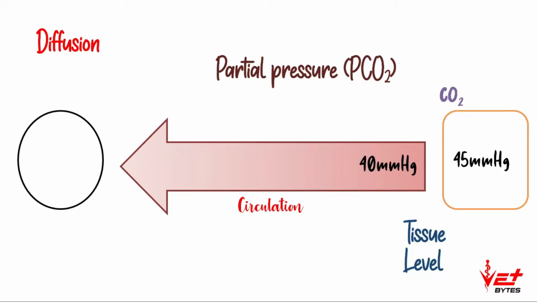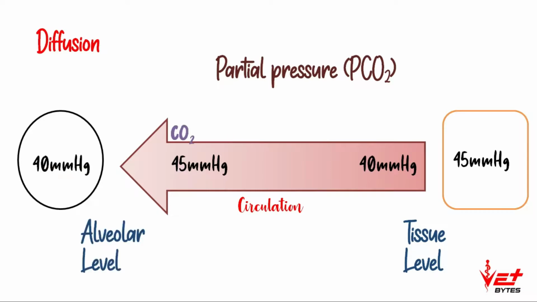This difference causes the carbon dioxide to travel from the tissue into the circulation. Once the carbon dioxide reaches the circulation, the partial pressure reaches 45 mm mercury. At the alveoli, the partial pressure of carbon dioxide is 40 mm mercury. This difference causes the movement of carbon dioxide from the blood vessel to the alveoli and into the expired air.